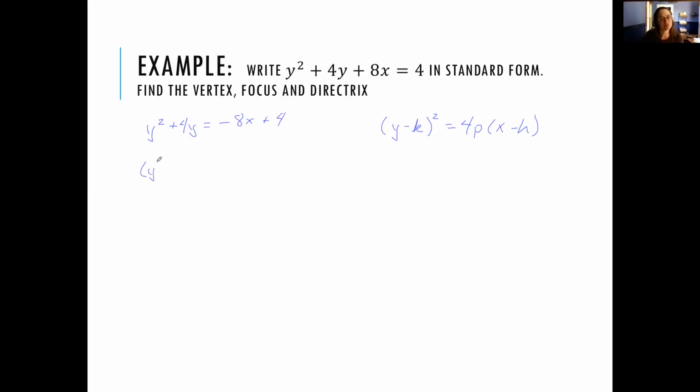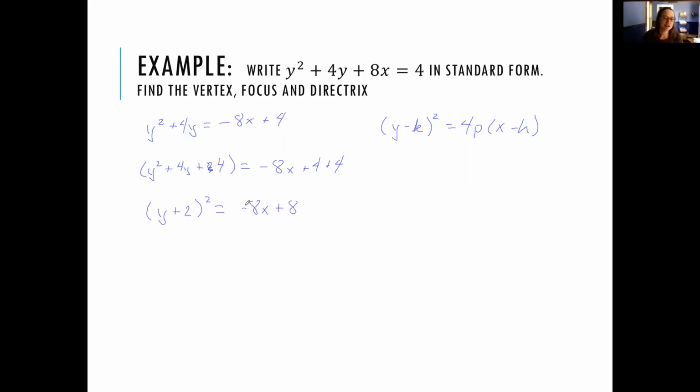Now, on the left, we're going to complete the square. So this is y squared plus 4y. I'm going to add half of 4 squared, which is going to be a 4. And I'm going to add that same 4 on the other side of the equation. So I have y plus 2 squared equals negative 8x plus 8.